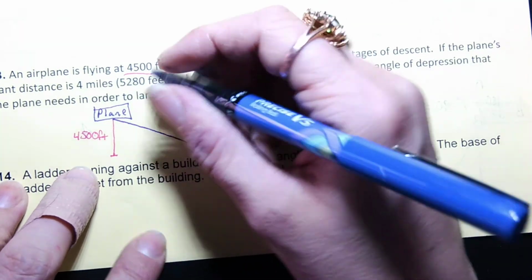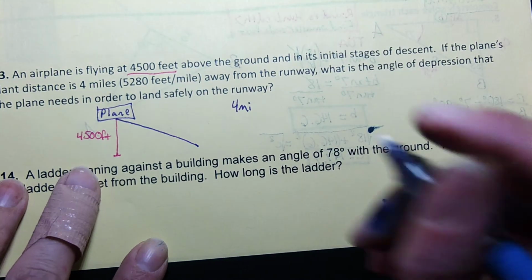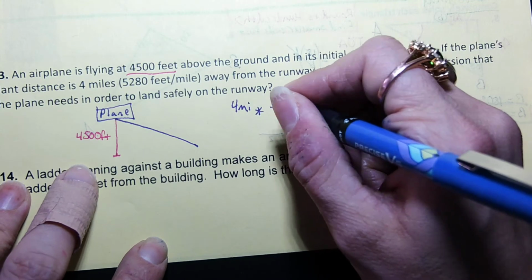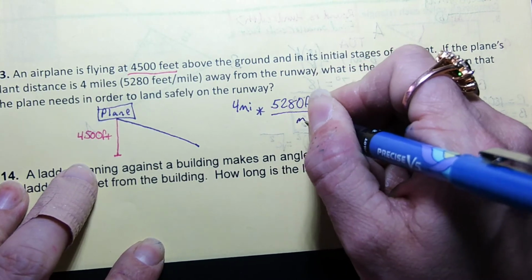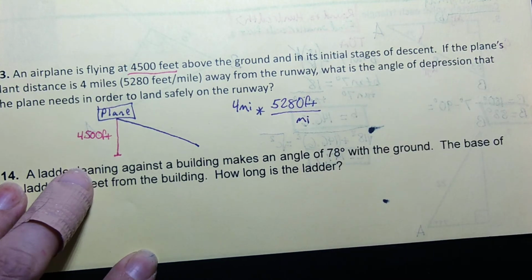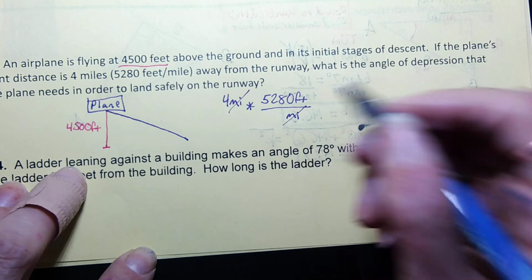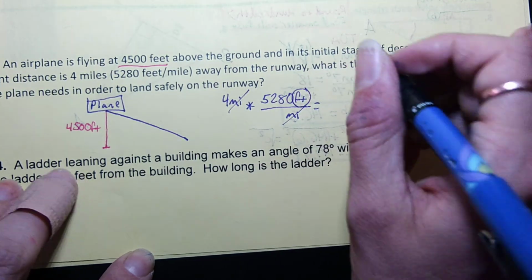So folks, how am I going to change 4 miles into feet? We're going to multiply it by the conversion factor, which is 5,280 feet per mile. And the reason why this conversion factor works is when I multiply these, the units of miles cross simplify, and I'm left with the feet unit that I want.